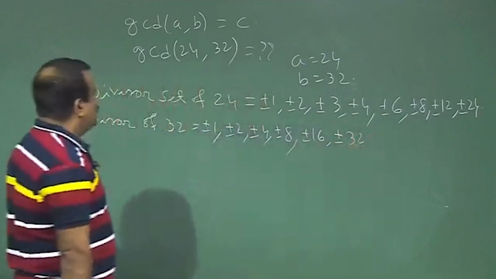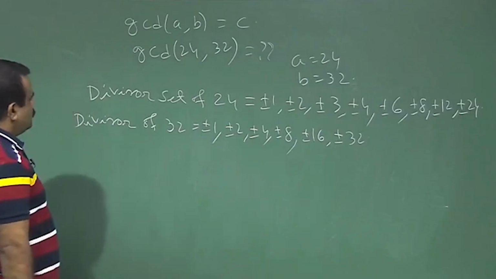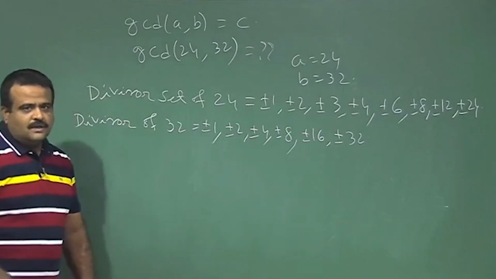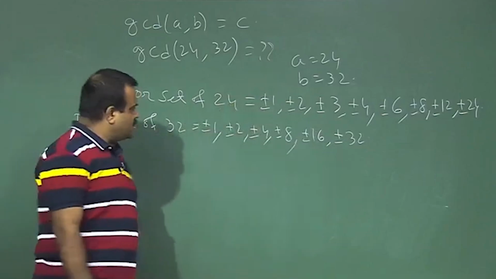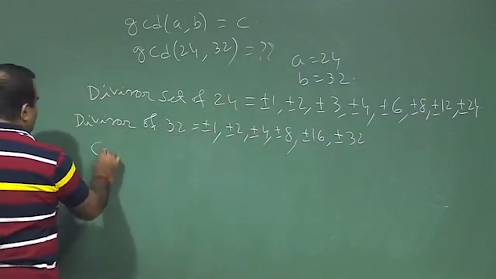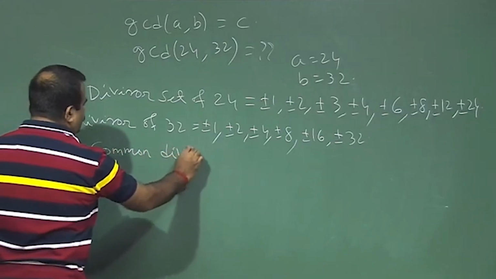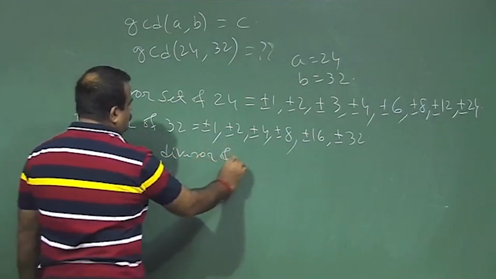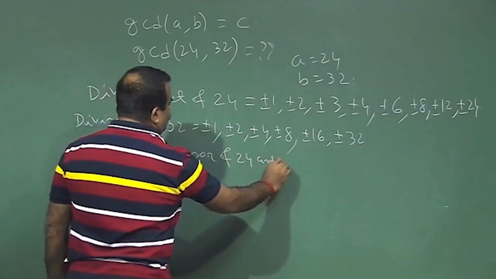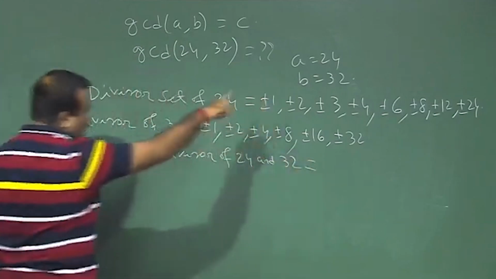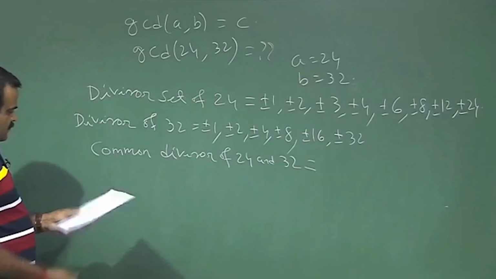So, these are the divisors of 32. Now, the common divisor means the intersection between these two sets. So, the common divisors of 24 and 32 are the common integers, the intersection between these two sets.